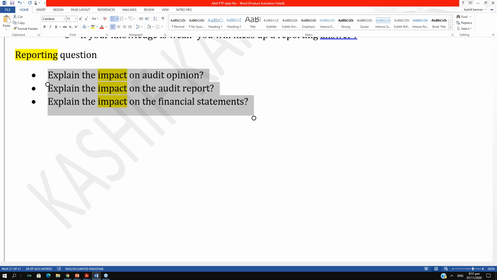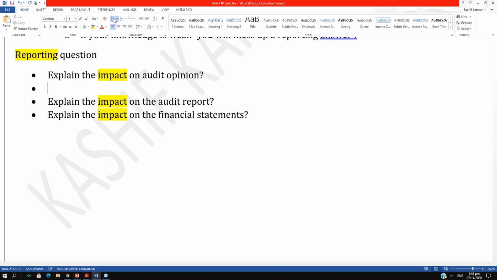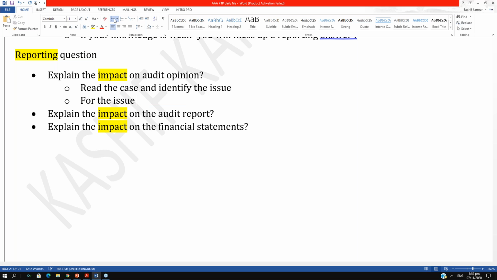Now, if the examiner is asking for an impact on opinion, that means you just need to read the case and identify the issue. And for the issue identified, think of the right opinion.